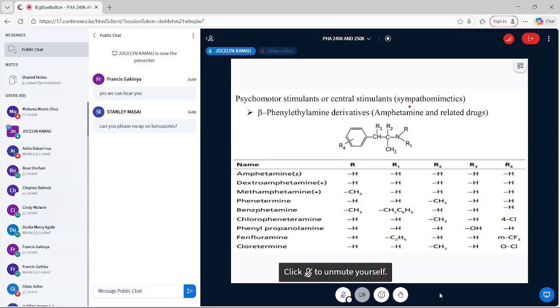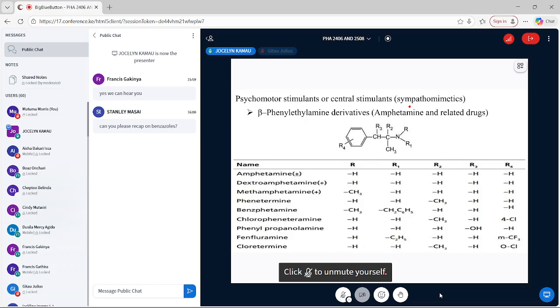No wonder they are psychomotor stimulants. Depending on what is on the nitrogen, it can be a tertiary amine or a secondary amine. So we have primary, tertiary, and secondary, and we will look at them later.